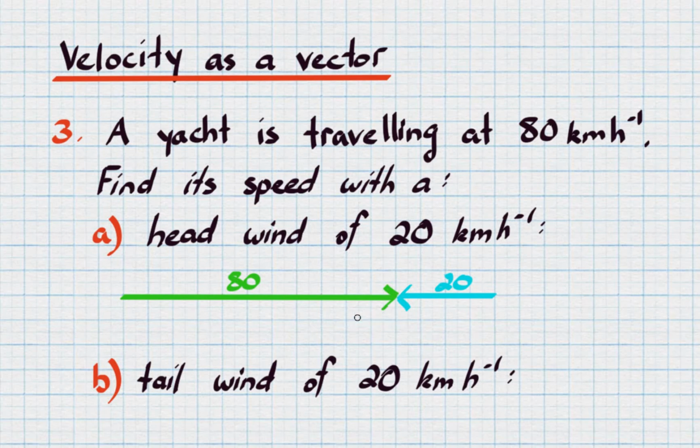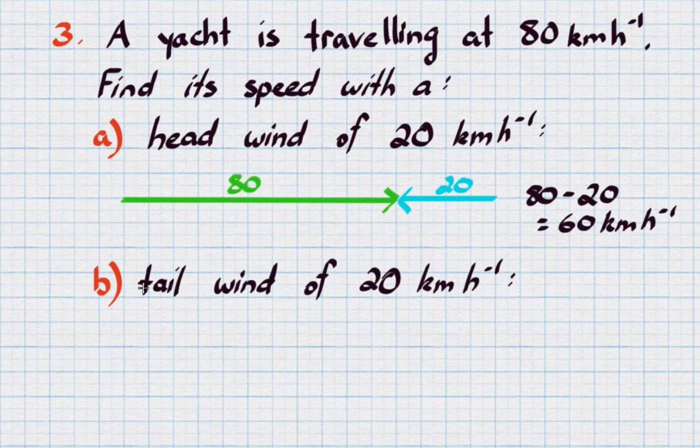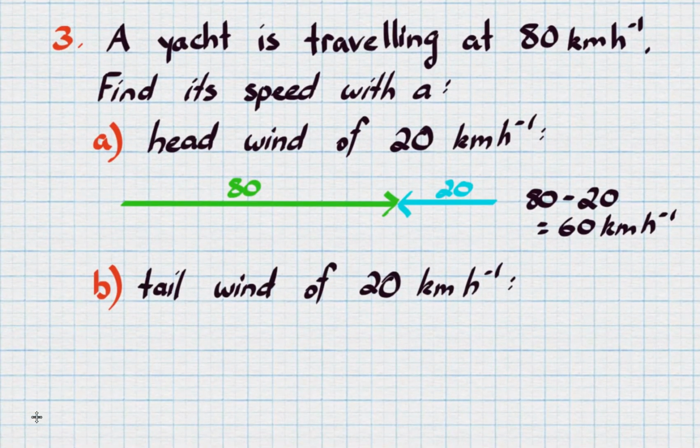And so hopefully we can see that the overall magnitude or the overall speed is simply going to be the 80 that the yacht was originally traveling at minus the 20, since it's operating in the opposite direction. And so we'll have a resultant speed of 60 kilometers per hour. When we talk about a tailwind, however, the wind is acting in the exact same direction as the yacht.